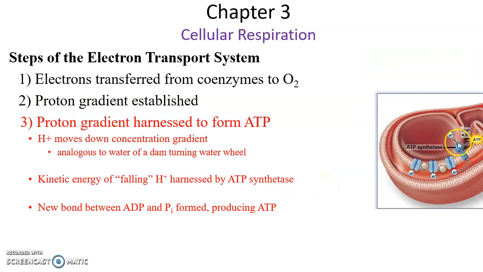Then the ATP synthetase will take advantage of that gradient, allowing hydrogen ions to enter again inside the matrix of the mitochondria. As the hydrogen ions, the protons, move down the gradient, they're turning the wheel of the ATP synthetase, as it were, in order to bind phosphate to ADP to get ATP.